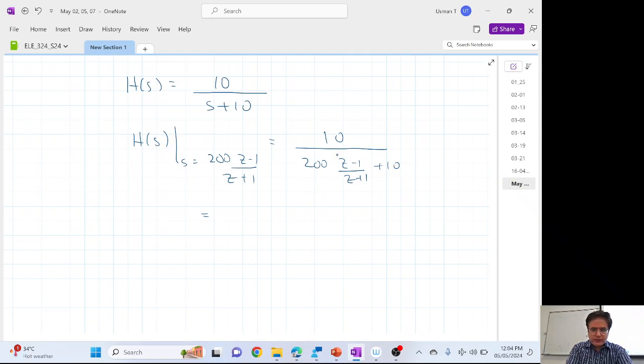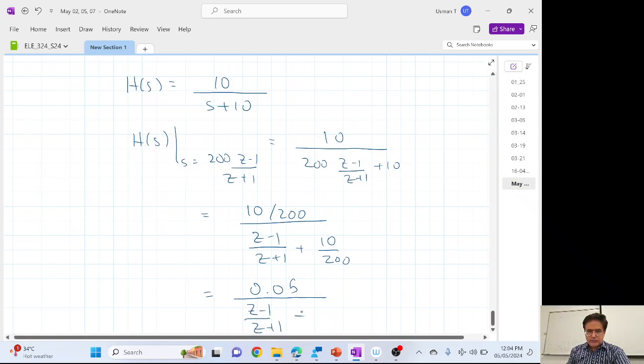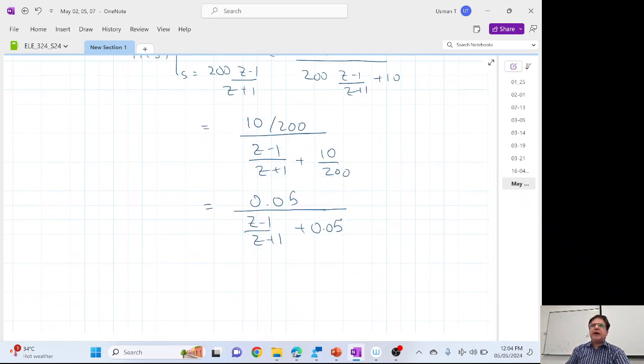So I can just write this as 10 over 200 divided by (z minus 1) over (z plus 1) plus 10 over 200. It's going to be 0.05 over (z minus 1) over (z plus 1) plus 0.05. Then it's just algebraic manipulation. I can take the LCM and move things around.